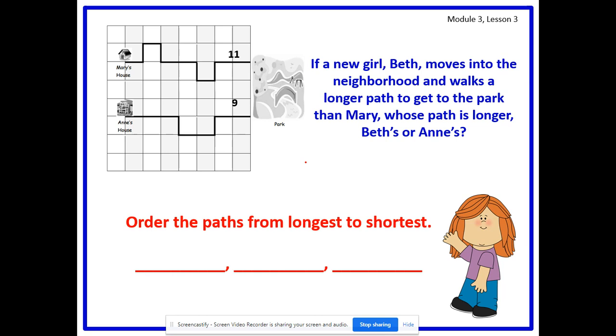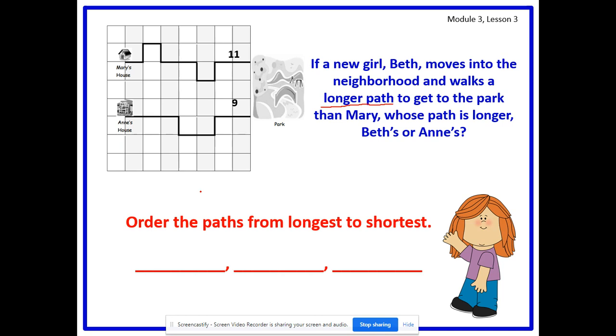If a new girl, Beth, moves into the neighborhood and walks a longer, keyword here, longer path to get to the park than Mary right here, whose path is longer? Beth's or Anne's?